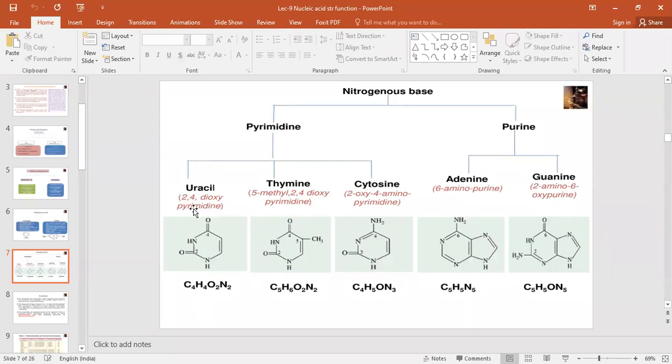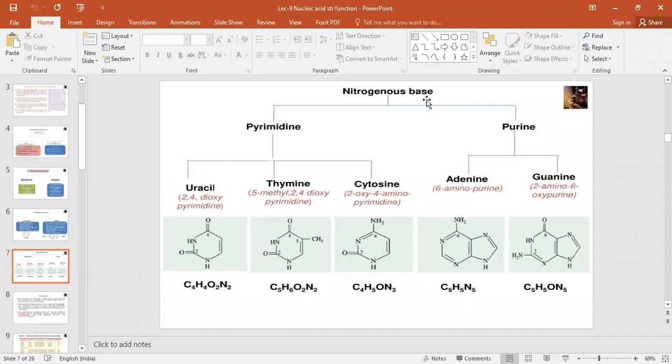Same way, draw the structure of pyrimidine, give the numbering, and then add the 2,4-dioxy. Okay, these are the 3 pyrimidine structures. Cytosine is 2-oxy-4-amino. Thymine is 5-methyl-2,4-dioxy. Uracil is 2,4-dioxy.